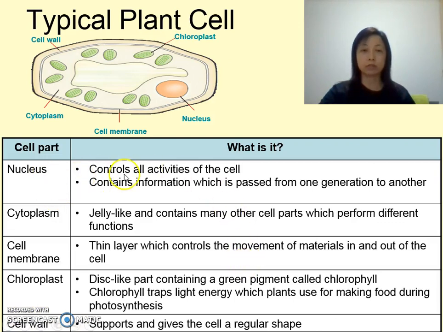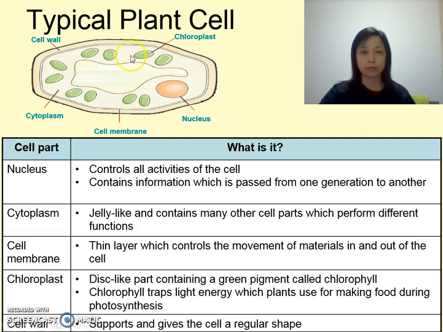The nucleus controls all activities that happen inside the cell. It contains information that is passed from one generation to the next. The cytoplasm is jelly-like and contains many other cell parts which perform different functions. The cell membrane is a thin layer which controls the movements of materials in and out of the cell.